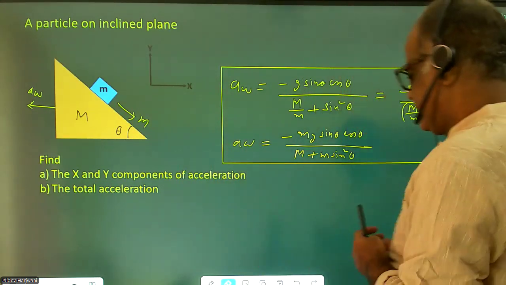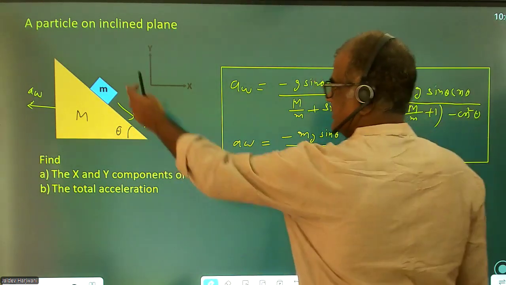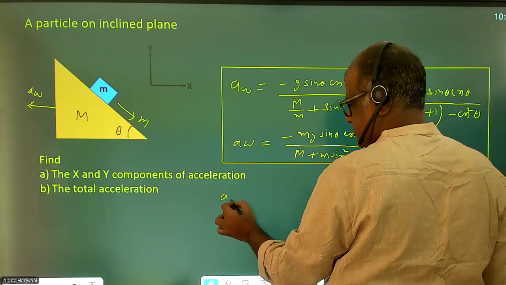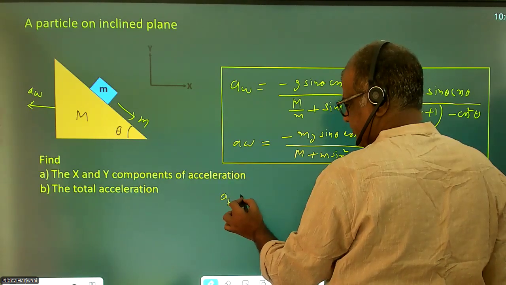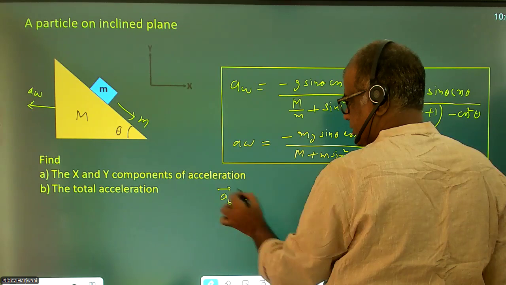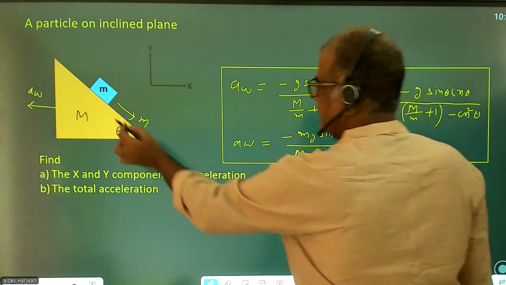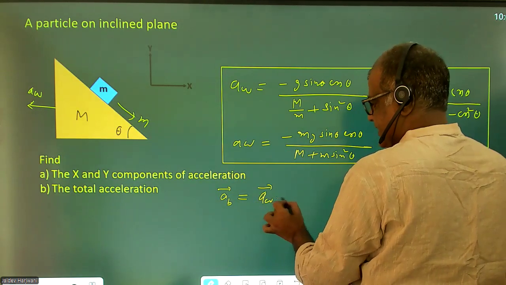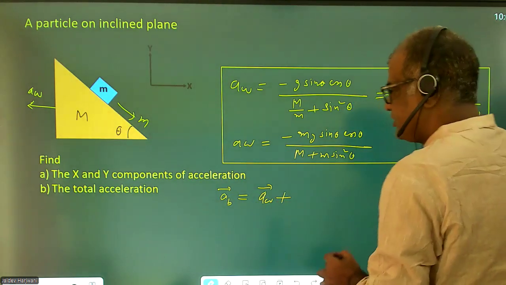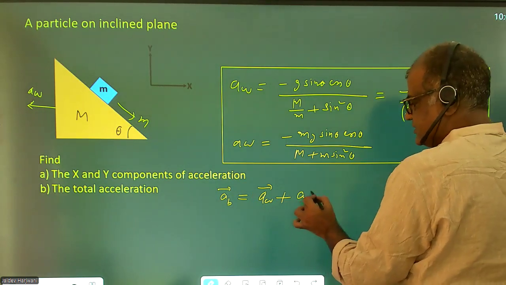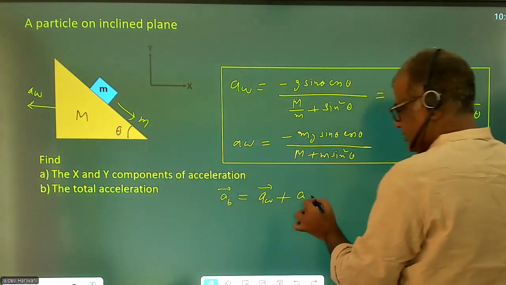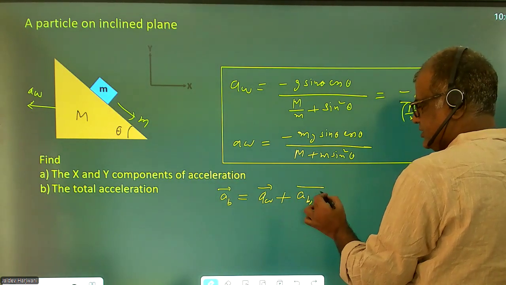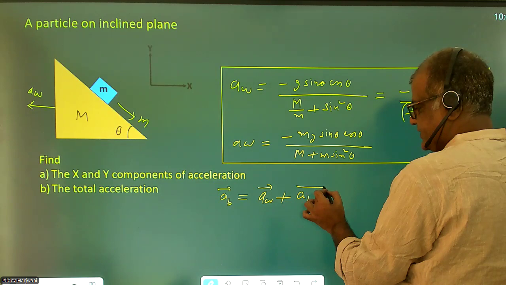Or another way, the acceleration of the block is equal to the acceleration of the wedge plus the acceleration of the block with respect to the wedge.